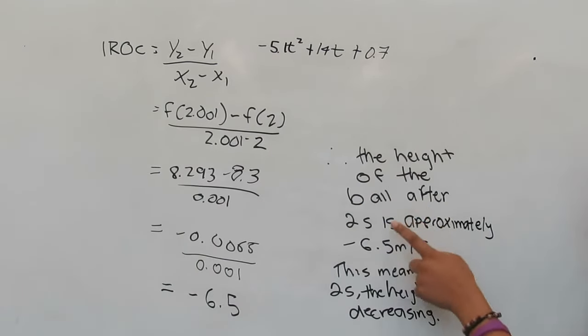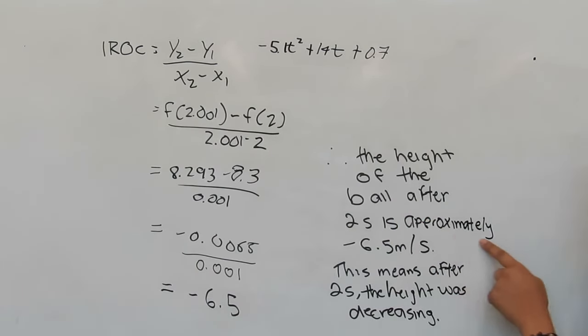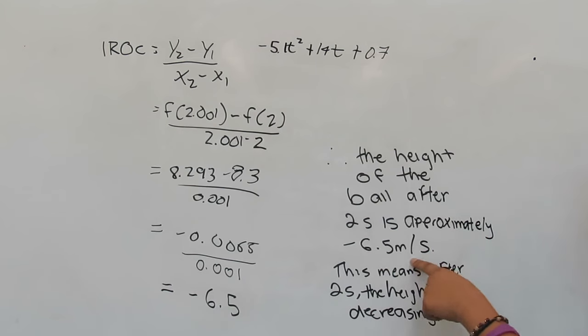The height of the ball after 2 seconds is approximately negative 6.5 meters per second. You write approximately because this answer is just an approximation, since you're using a value that is just close to the actual number, which will give you a value that isn't exact but is very close to the value you want.